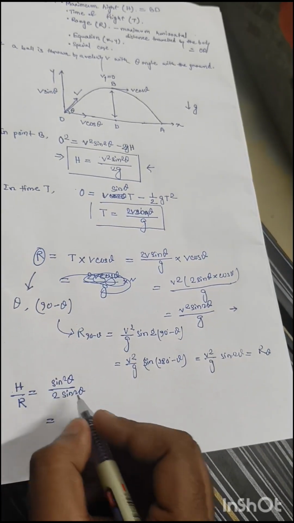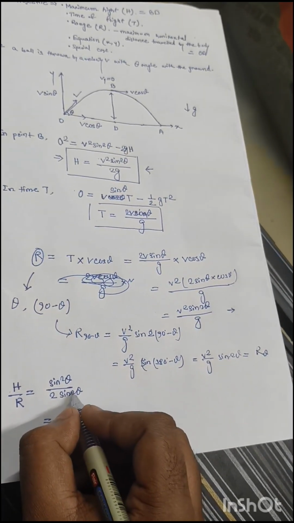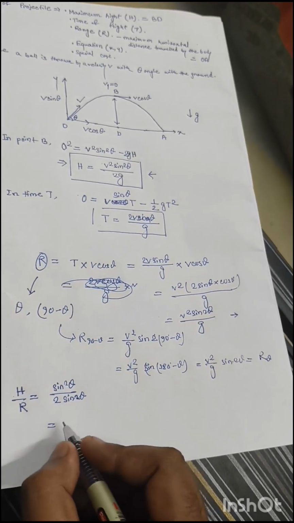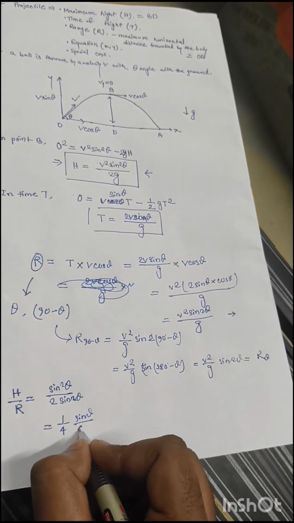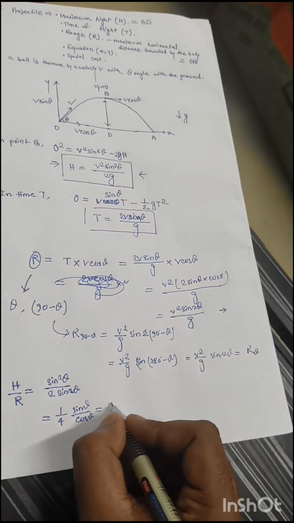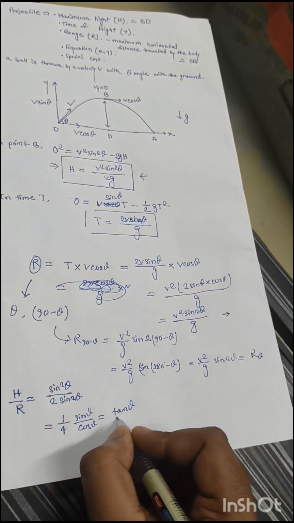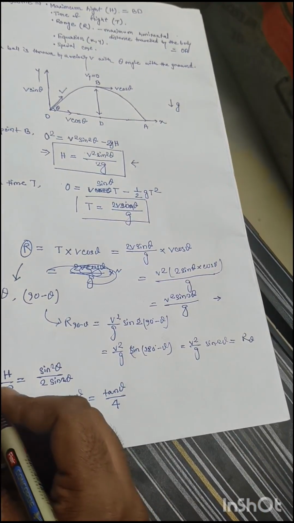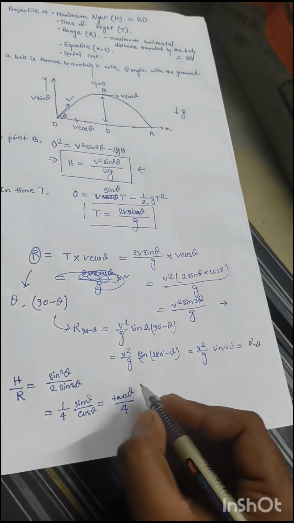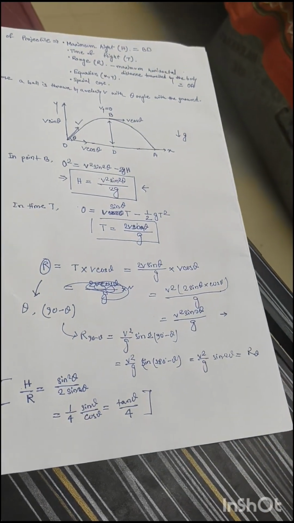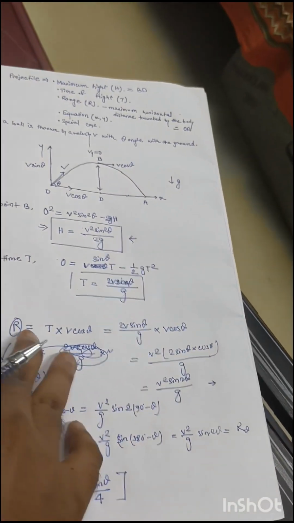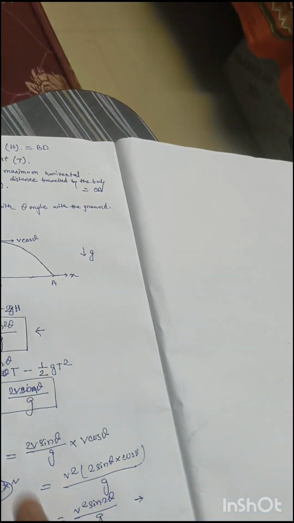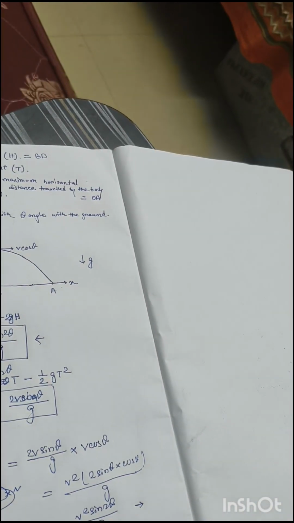The upper side sin 2 theta means 2 sin theta cos theta, and this gives tan theta by 4. That is a very important formula. You can easily use this formula in NEET and other exams. But if you forget it, just remember this and this.